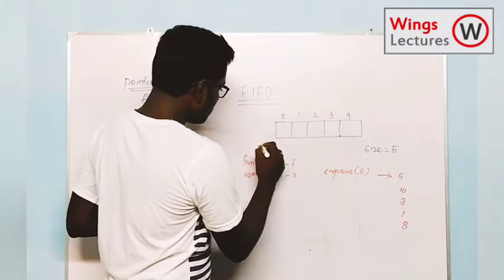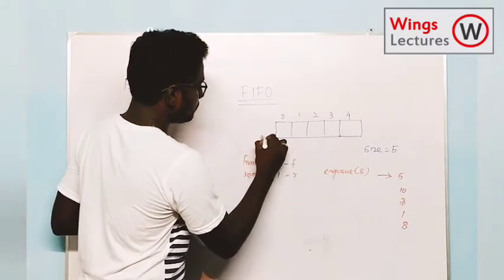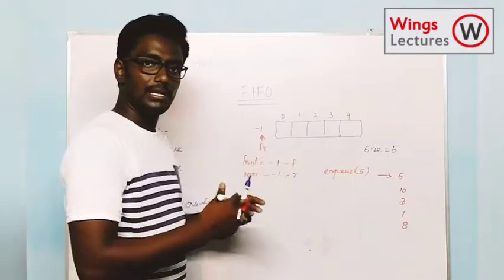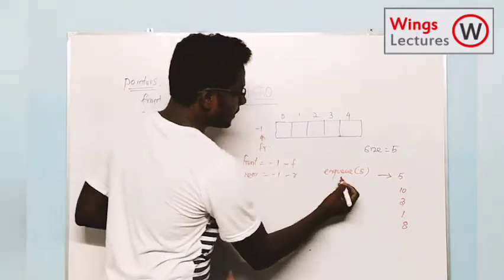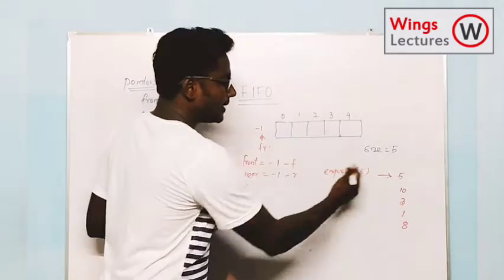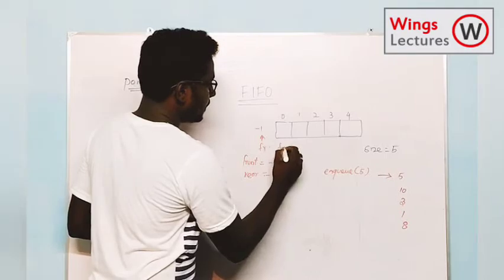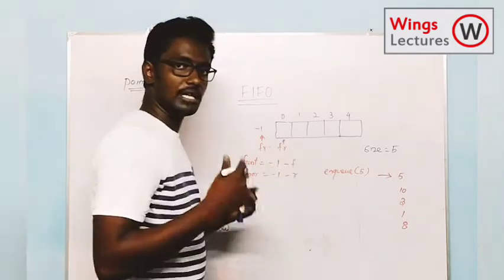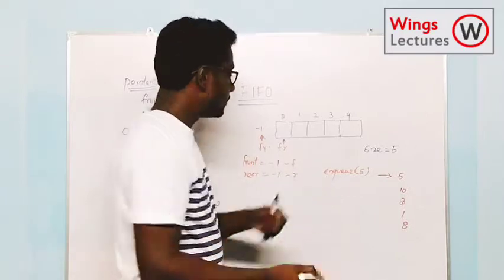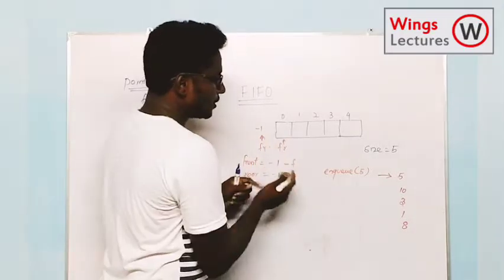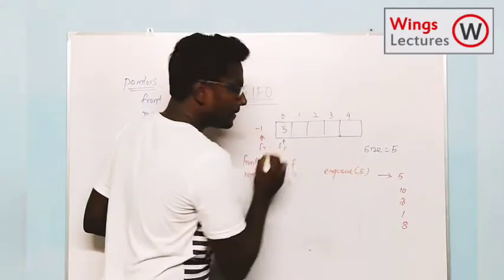Initially both pointers always point to -1, which means the list is empty. So now we are going to insert a data 5. The first position of the queue is 0. Now I'm going to insert this 5.